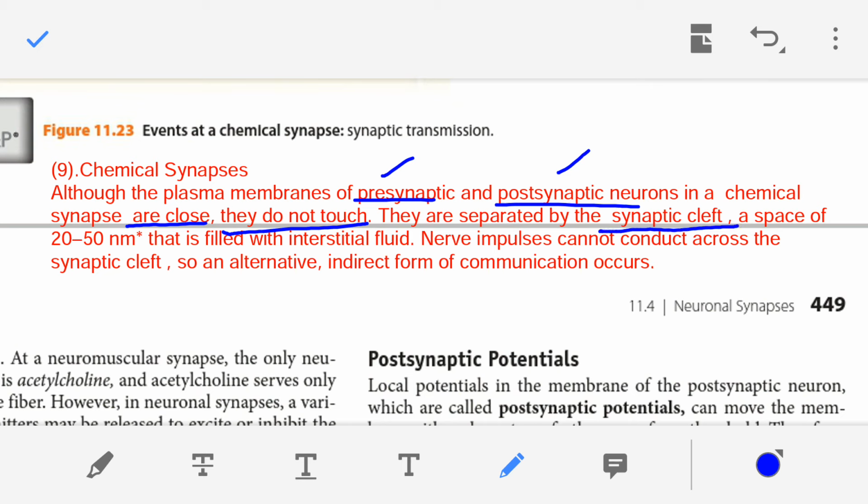And what is the synaptic cleft? The synaptic cleft is a space of 20 to 50 nanometers, and in this space interstitial fluid is present.